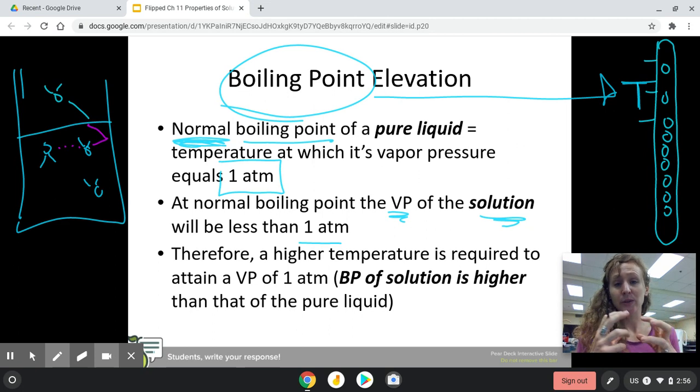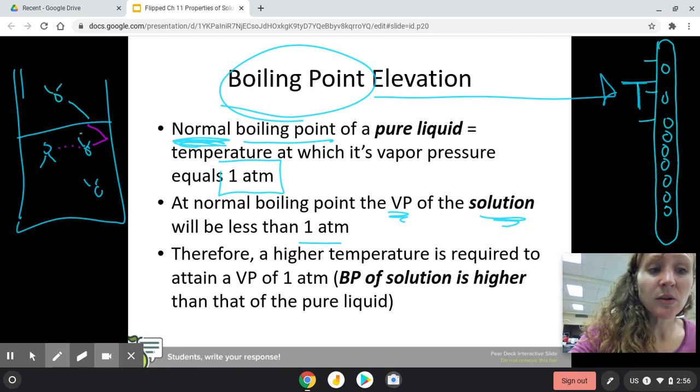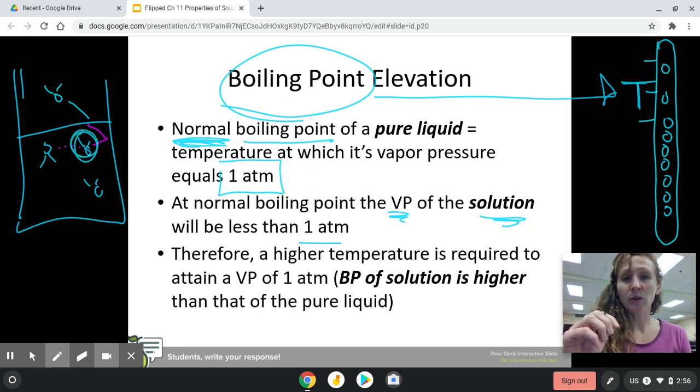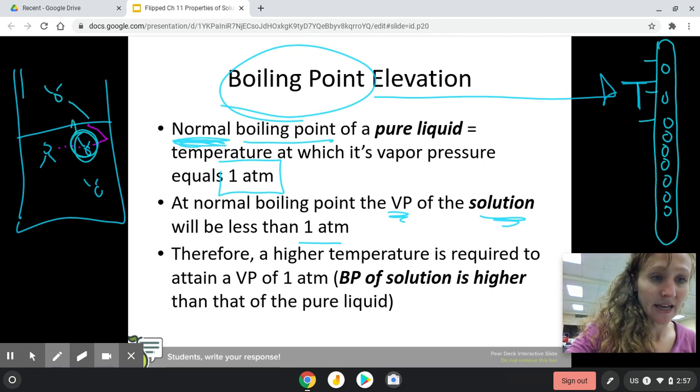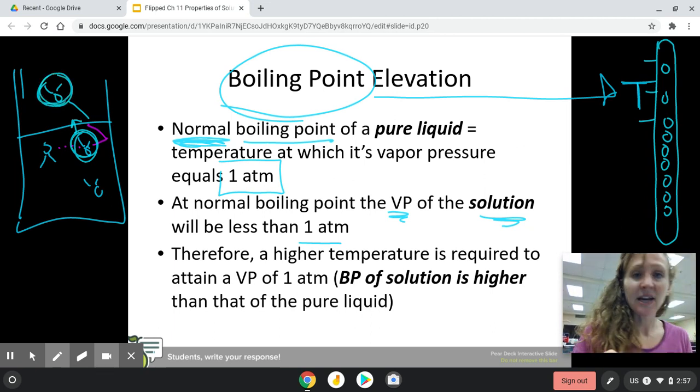When molecules contain greater energy, they have greater motion, and we measure that as a greater temperature. Okay, so going back to our drawing, if we have found the temperature, or the level of motion, where molecules in the liquid phase can overcome the attraction to other molecules in the liquid phase and escape into the gas phase, that is the boiling point. That's the very definition of boiling point.